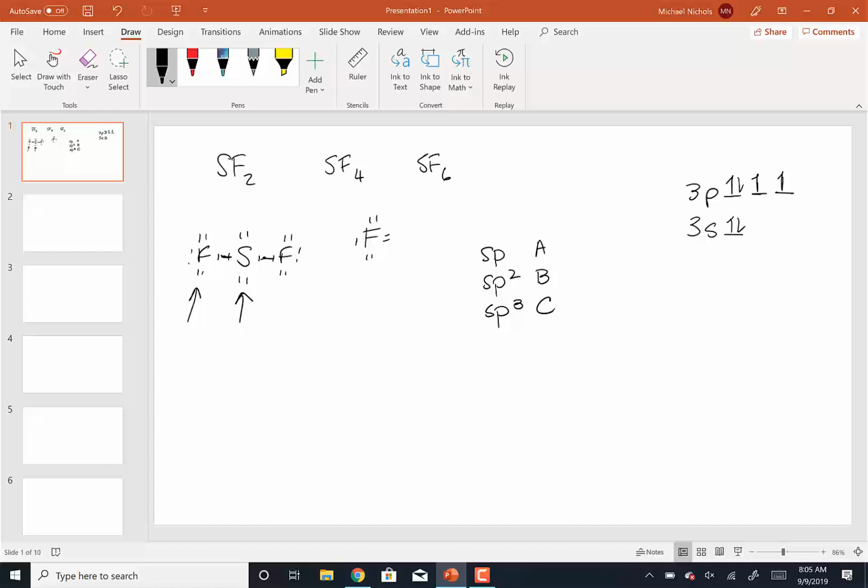And if you didn't bring a card, I have some extras. But let's start with the idea of fluorine. What is the hybridization here of fluorine using the rules that we used last time? Is it sp, sp2, or sp3?